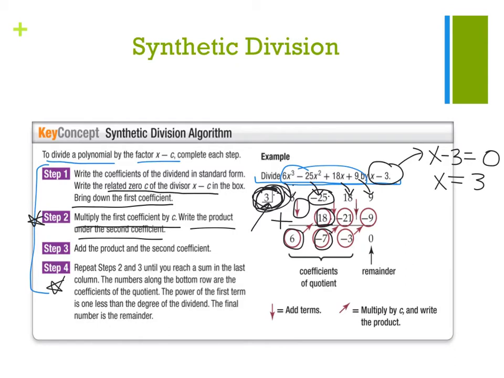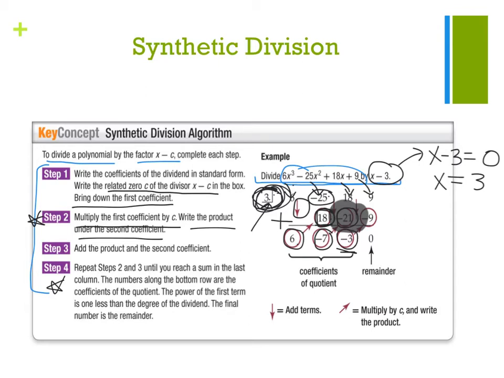Because we multiplied 6 times 3 to get 18 here, now we are going to multiply negative 7 times 3, which gives us a negative 21. And if I add that to 18, that gives me negative 3. Remember, again, in synthetic division, we add our columns.